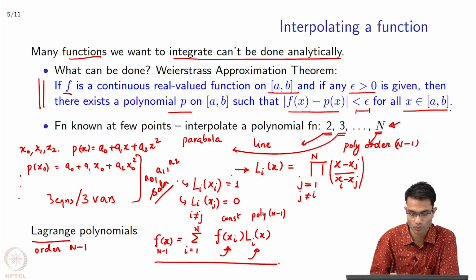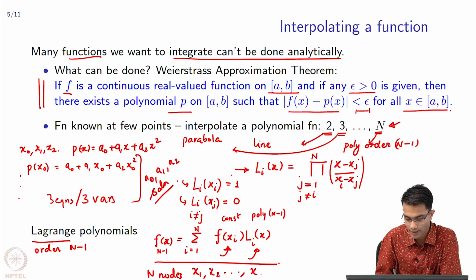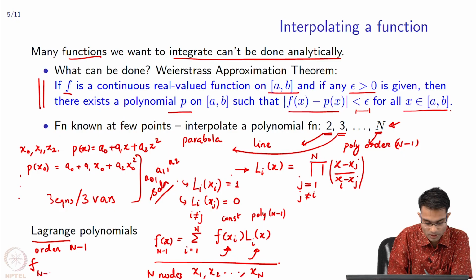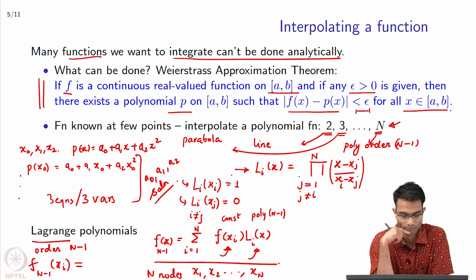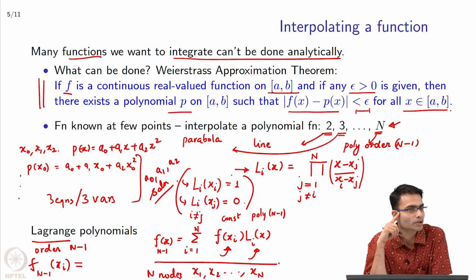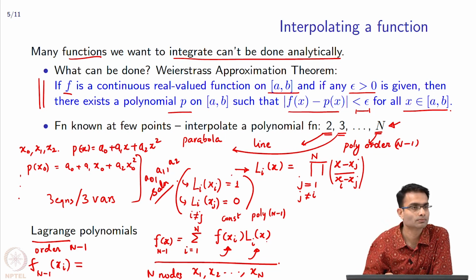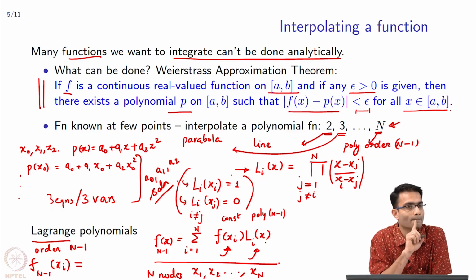So, I have given you n nodes. Okay. So, n nodes are this x1, x2, xn. So, f_{n-1} of xi, what is it equal to? We will use this property over here. So, there are n terms in the summation. Of these n terms in the summation, which term will survive?